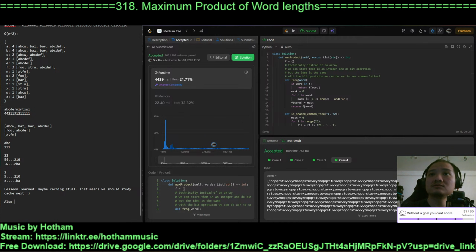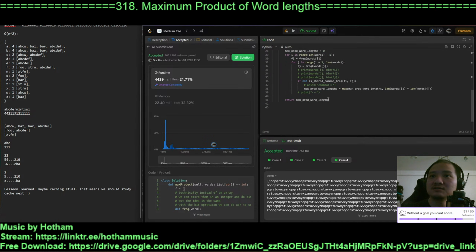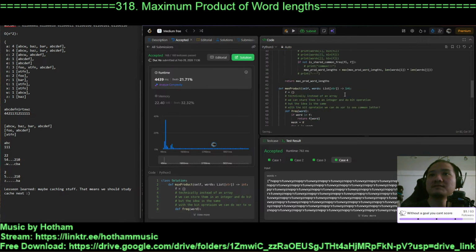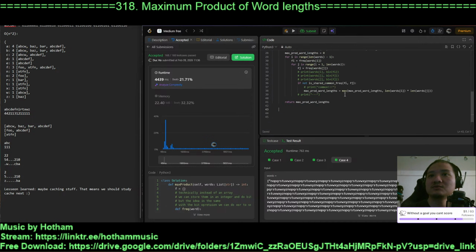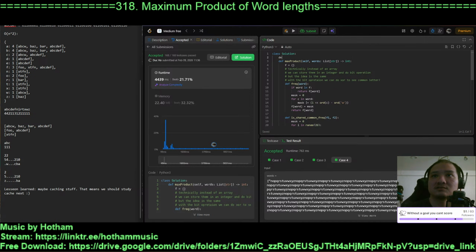Also, if we do, instead, will we be passing? Let's do another approach here. If we do, oh yeah, what do I do? Call this solution 1, whatever this is.